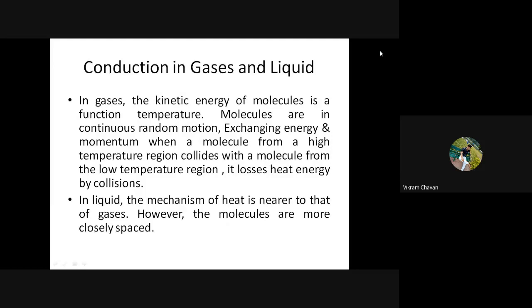Next point. In liquid, the mechanism of heat transfer is nearer to that of gases.